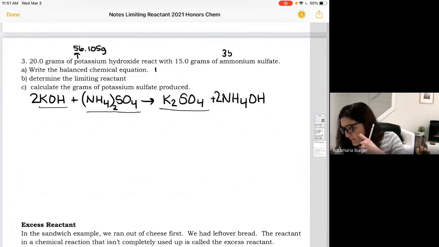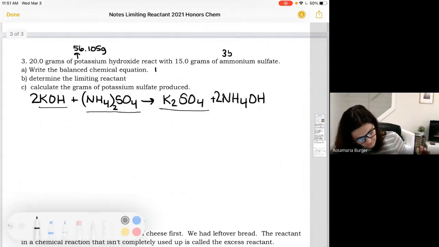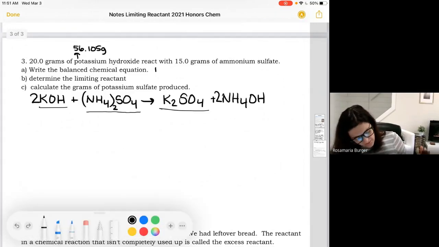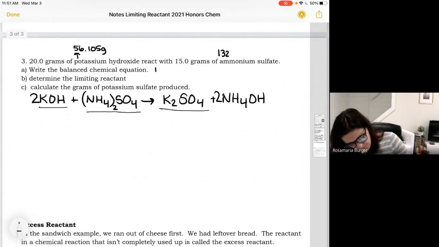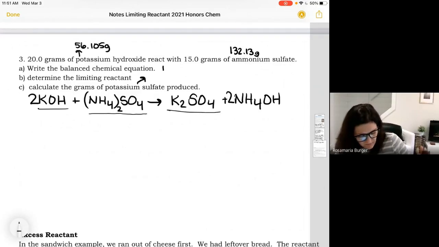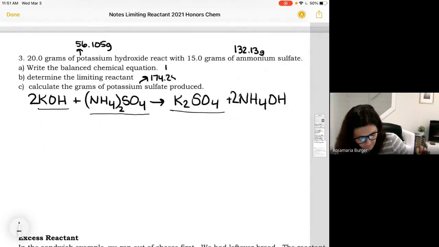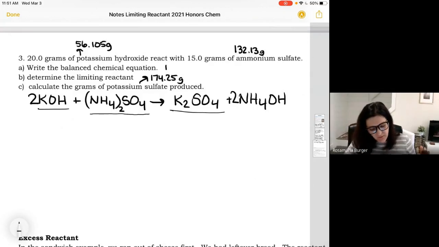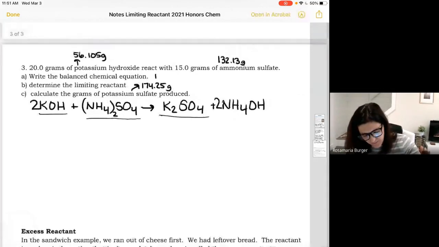Oh, wait, no, it's not. Sorry, that's ammonium hydroxide. Ammonium sulfate is 132.13. And potassium sulfate is 174.25. Okay, so that way we have our molar masses, we're ready to go.